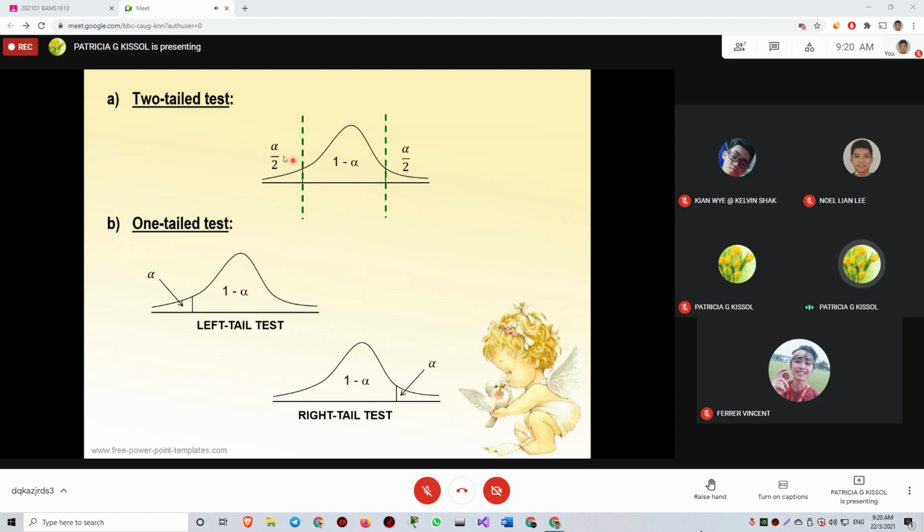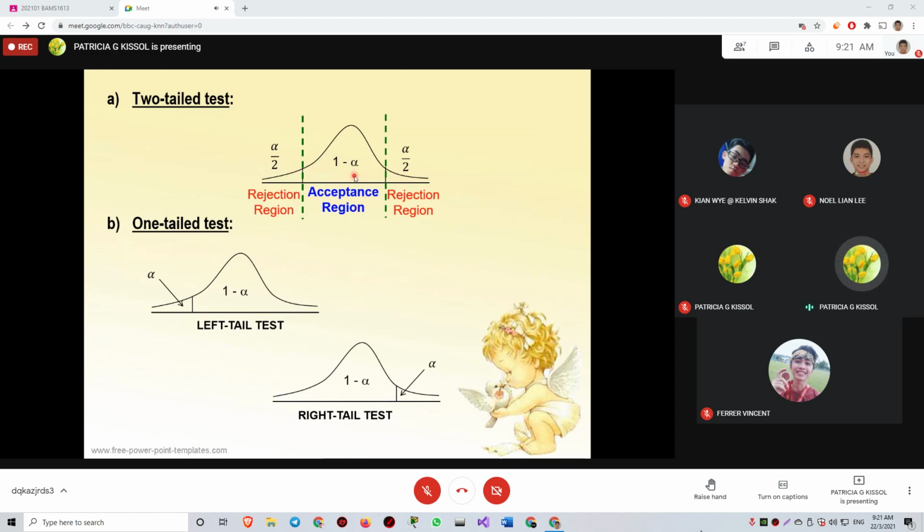See the difference? If two tail, the alpha is divided by 2, but one tail, we do not divide the alpha by 2. If it's a left tail, it will be on the left side of the normal distribution, and if it's a right tail, it will be on the right side of the distribution. And here you can see that area is indicated as the rejection region, and inside here for the two-tailed would be the acceptance region.